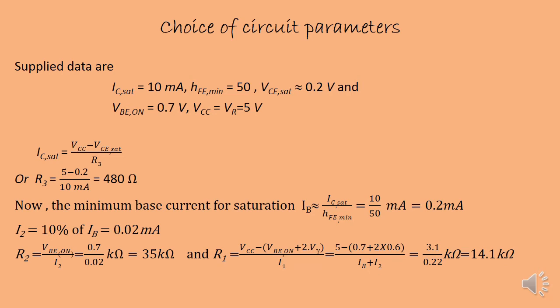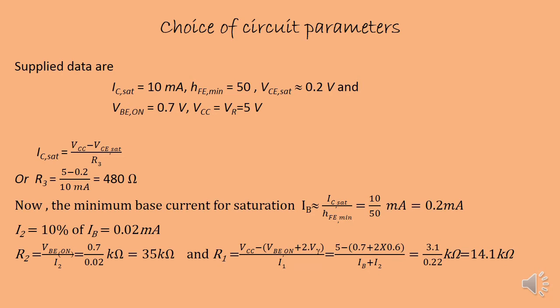So R2 equal to VB on divided by I2. We know VB on value is 0.7 volt, I2 value is 0.02. By calculating it, we get 35 kilo ohm, and R1 value is VCC minus VB on plus 2 into V gamma.